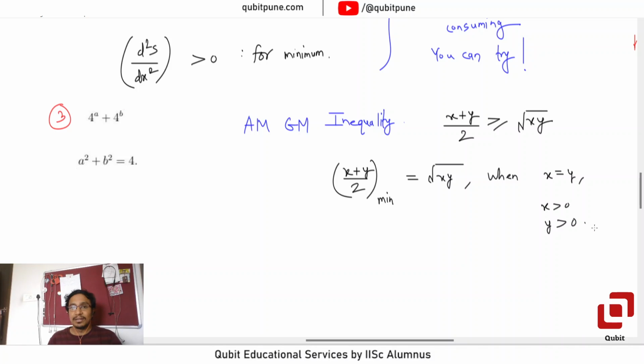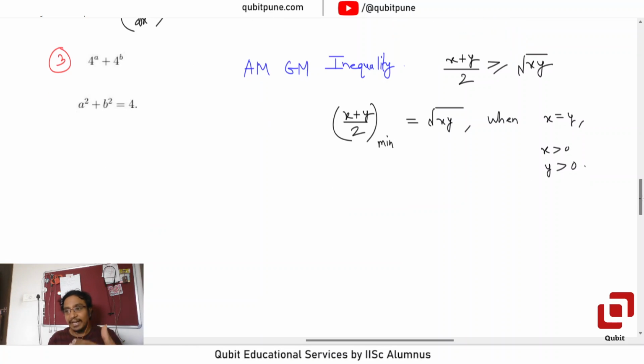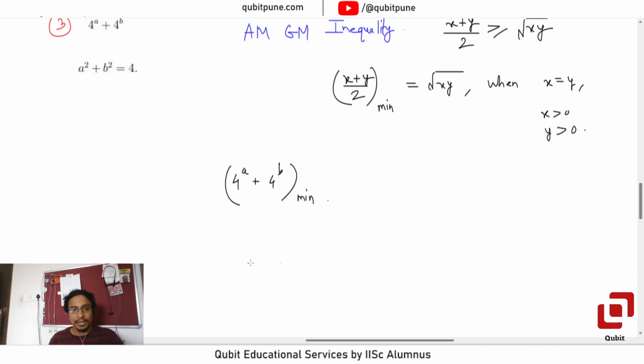Is this part clear? Yes, sir. Okay, so now you have a definite idea of what to do. Look here now, we want to minimize 4 raised to a plus 4 raised to b. So to find its minimum value, first find the minimum value of this.